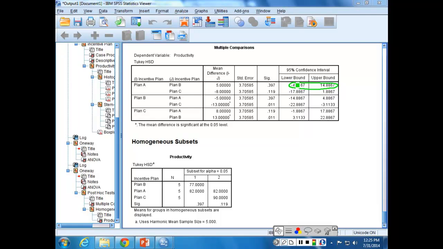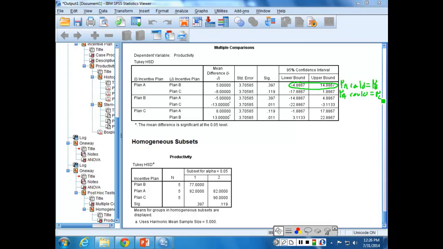Includes 0. Mu A could equal mu B. The interval includes 0. Plan A and plan C, -18 to +2, about. That includes 0. Mu A could equal mu C.